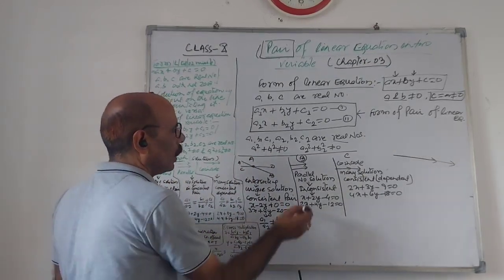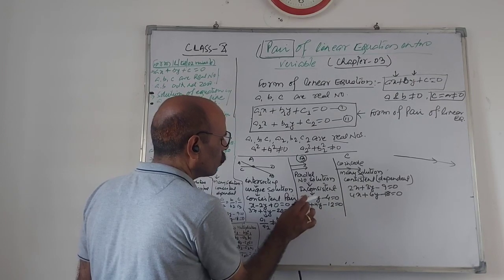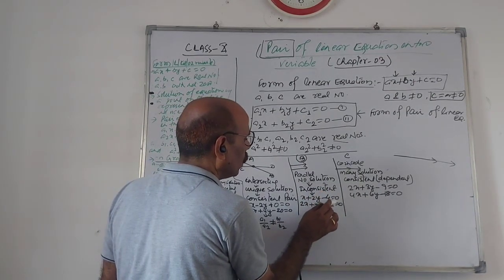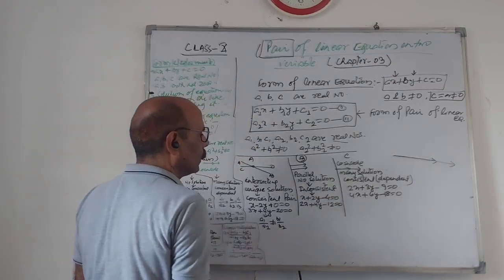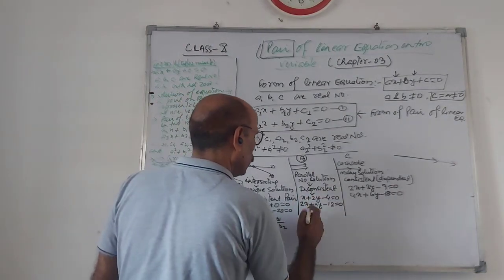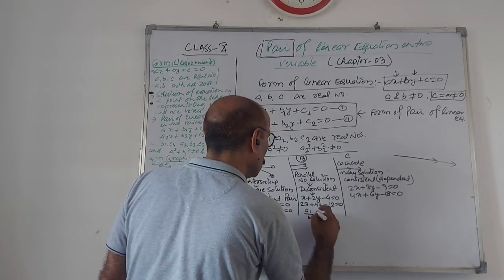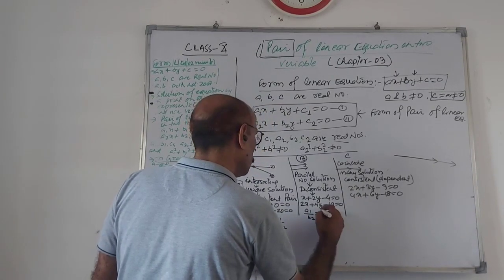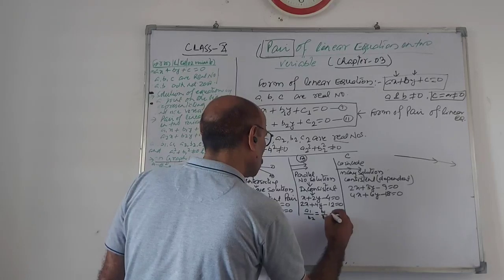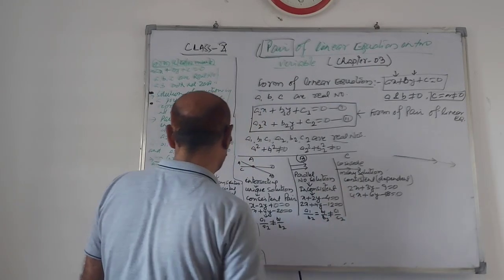Okay. Now watch here. 1 by 2, again 2 by 4 means 1 by 2. But 4 by 12 is 1 by 3. No. That means in parallel line equations, A1 by A2 is equal to B1 by B2 but not equal to C1 by C2.